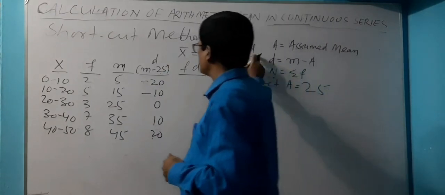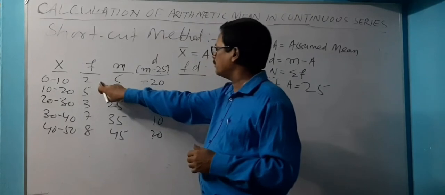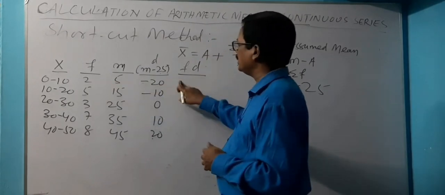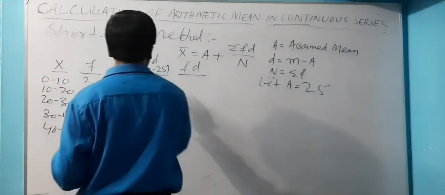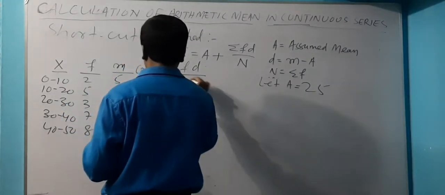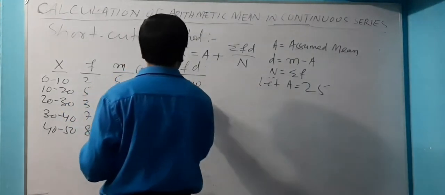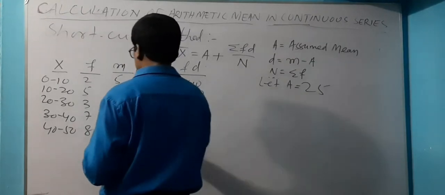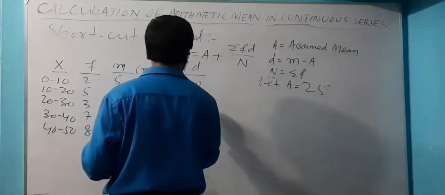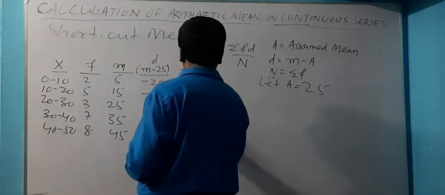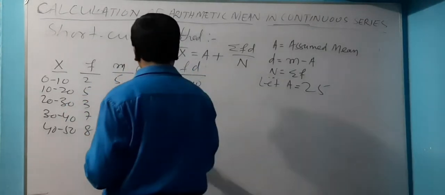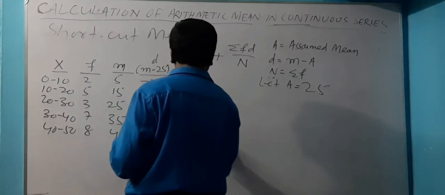FD means F from the second column and D from the fourth column. Multiply F into D. 2 into minus 20 is minus 40. 5 into minus 10 is minus 50. 3 into 0 is 0. 7 into 10 is 70. 8 into 20 is 160.